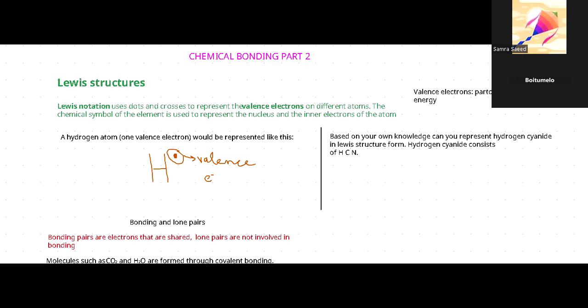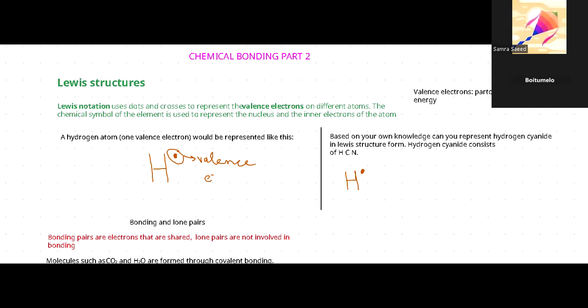So you begin by writing down the symbol of the element and its valence electrons. We will represent each valence electron by a little dot. And we know hydrogen has one valence electron because it is in group one. Some of these valence electrons should be on your mind.